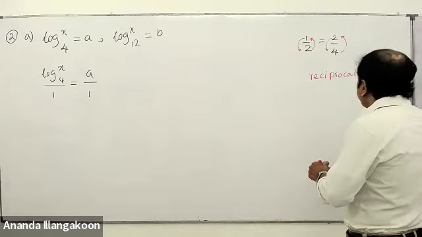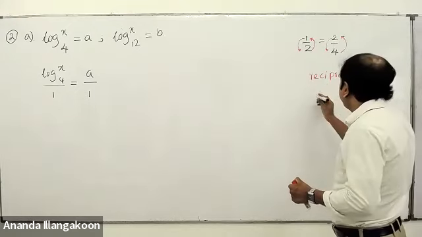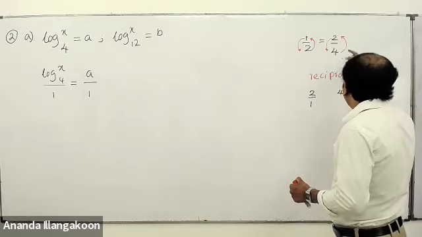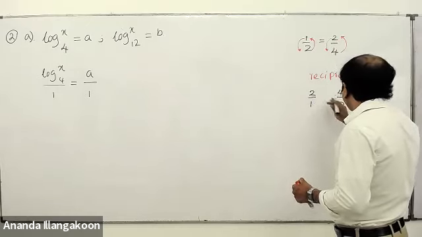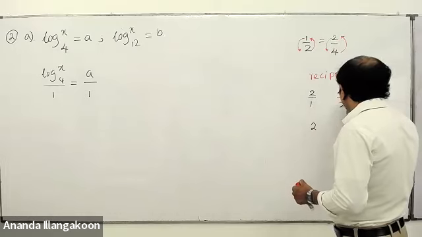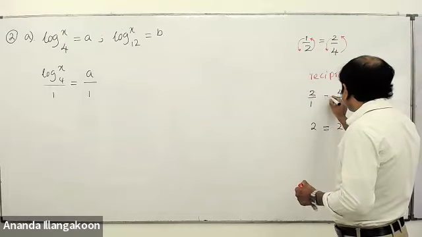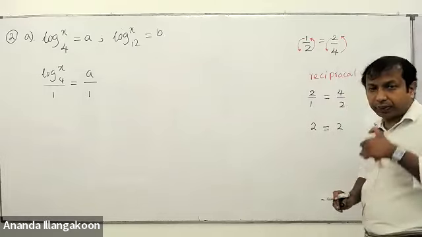See whether it is true. 2 goes up and 1 down, 4 goes up and 2 down. 2 divided by 1 is 2, 4 divided by 2 also 2. They are still equal.